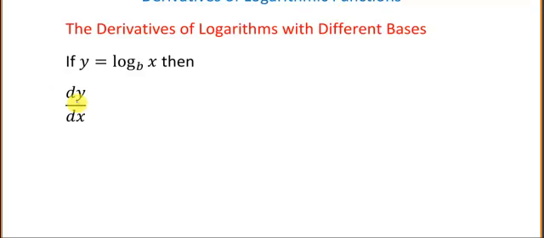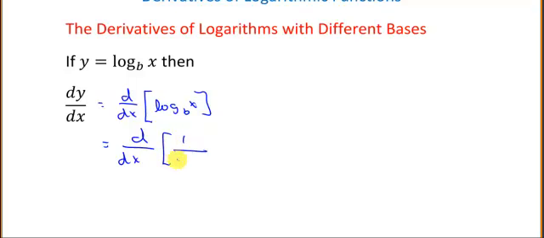Let's take a look at a more general case. The derivative with respect to x of log base b of x. Using the formulas we've established up above, this would be the derivative with respect to x of 1 over the natural log of b times the natural log of x. Again, assuming b is constant, this is a constant factor.